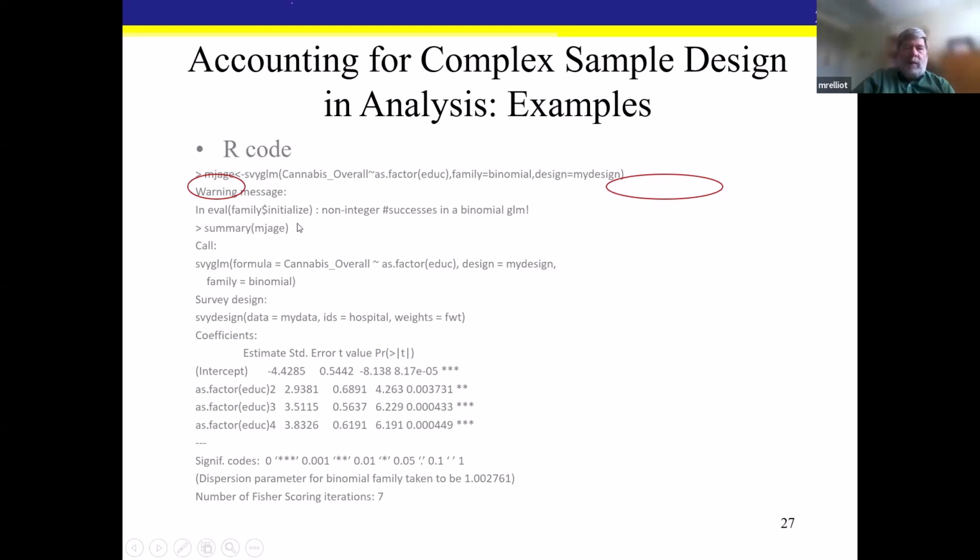You can ignore this warning message about a non-integer number of successes; that typically happens whenever you use weights with decimals in them. So that's fine, I don't care about that. Then I get my object and take the summary of it here. I've recoded education, so level one is college graduate, level two is some college but not a college graduate, level three is high school, and level four is less than high school.